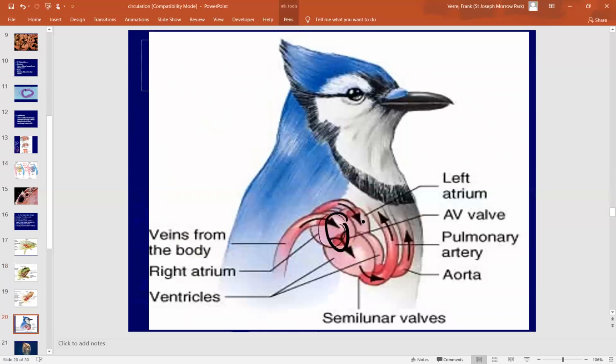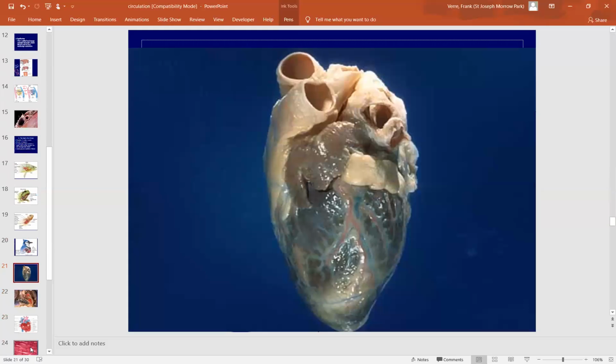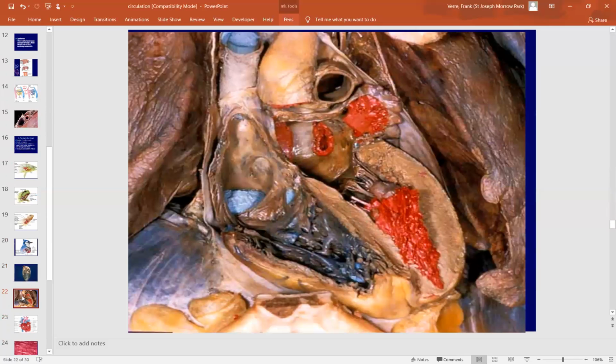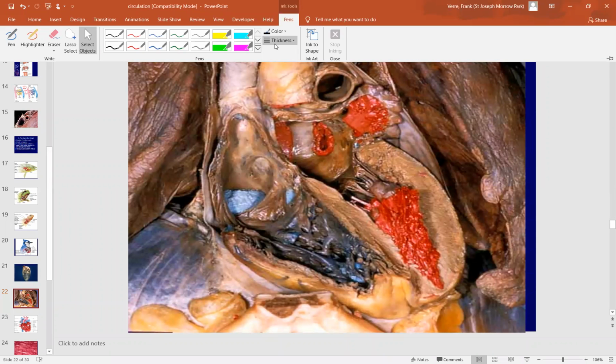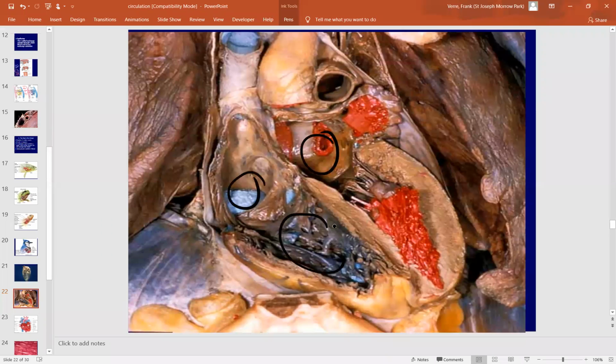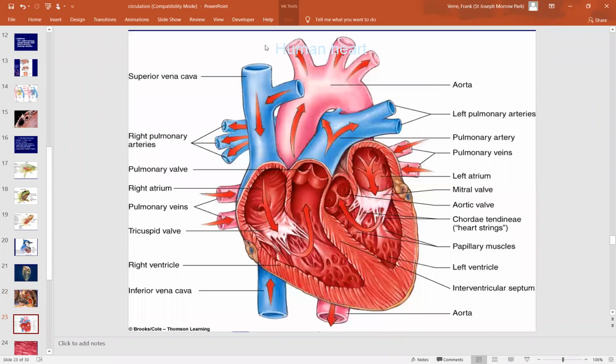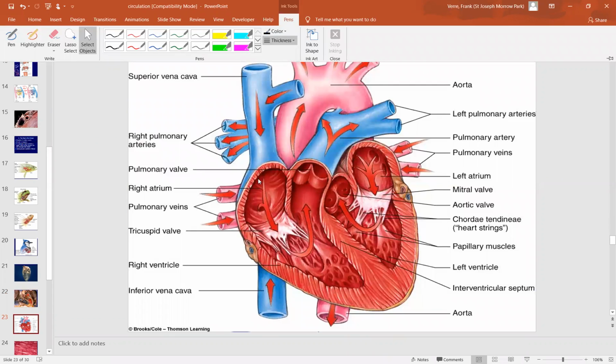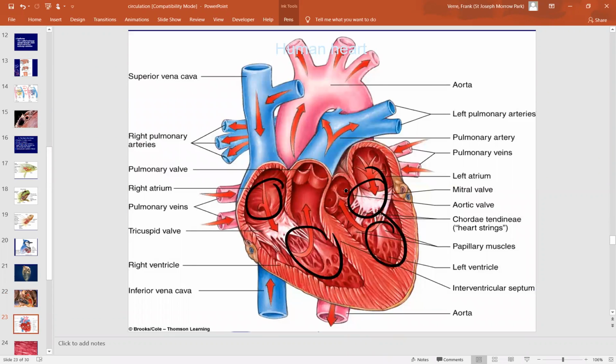Here's 1, 2, 3, 4. Our heart kind of looks like this. It actually also has 4 chambers, which you can see here. 1, 2, 3, 4. You can also see it in this diagram. 1, 2, 3, 4.